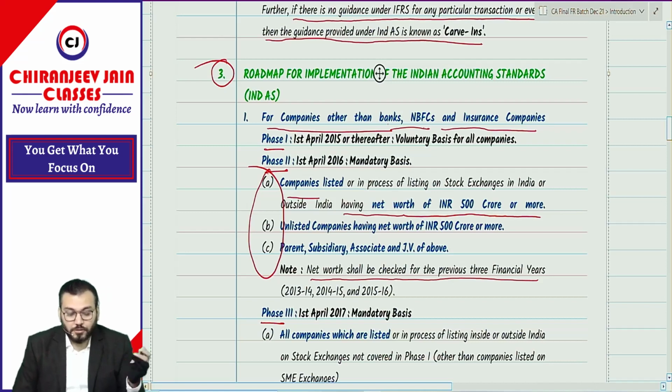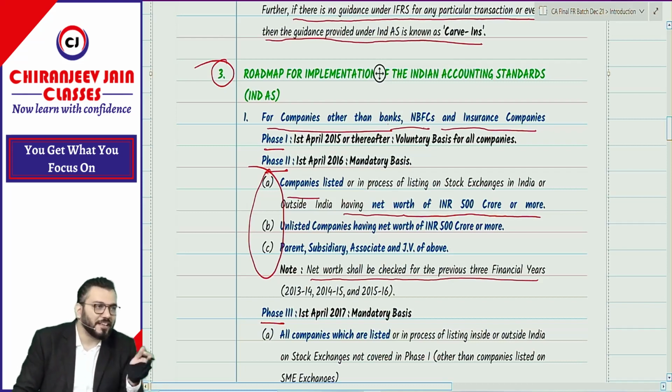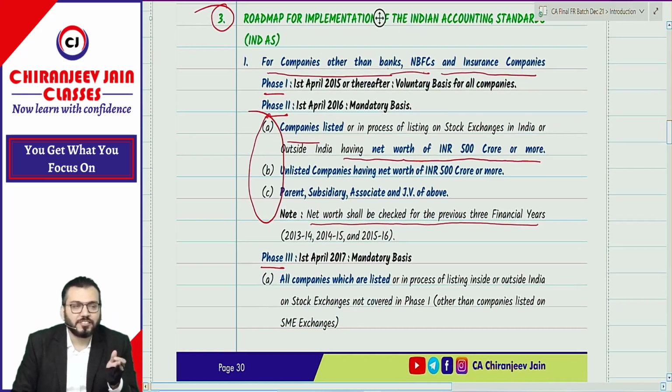For the roadmap, what we discussed is that in the first instance it was applicable to companies which are not banking companies, insurance companies, and NBFCs. First it was voluntarily applicable from 1st April 2015.